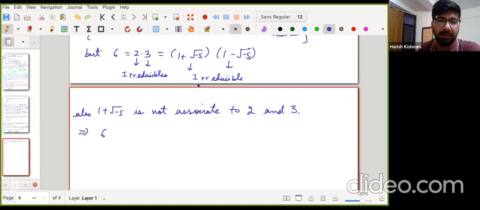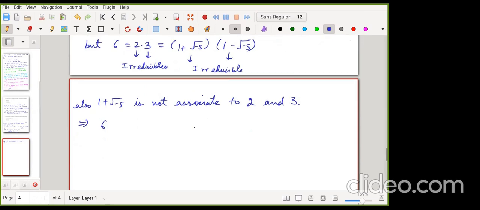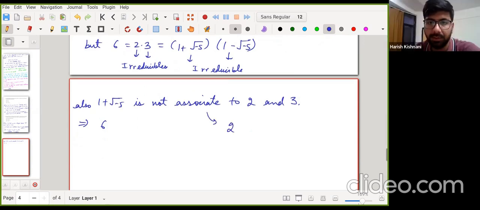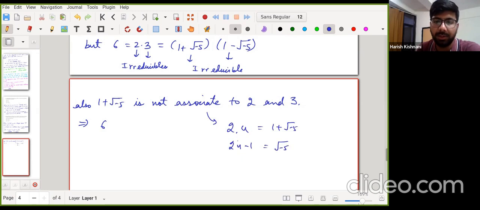To check that 2 is not associated to 1 plus root of -5, if you say 2 times some u, where u is a unit, equals 1 plus root of -5, then you take the square of both sides, and then you continue like that, you will come to a contradiction. It's not difficult to see that they are not associates.